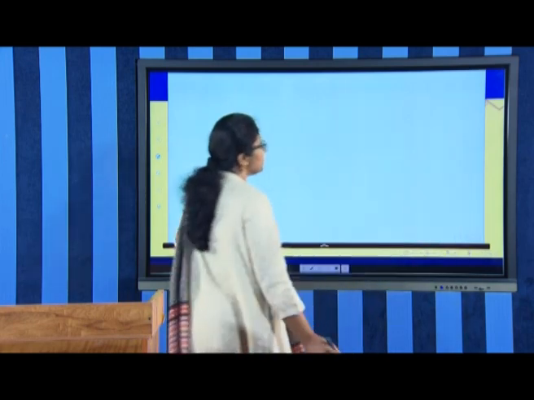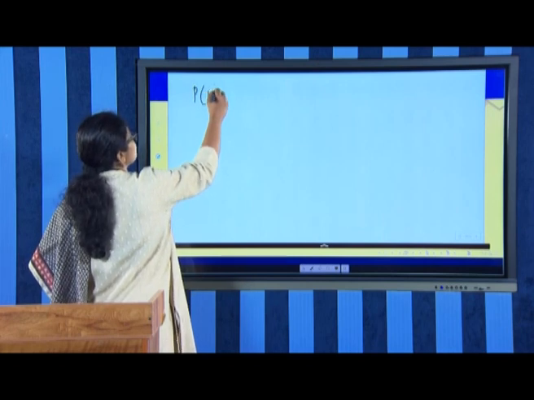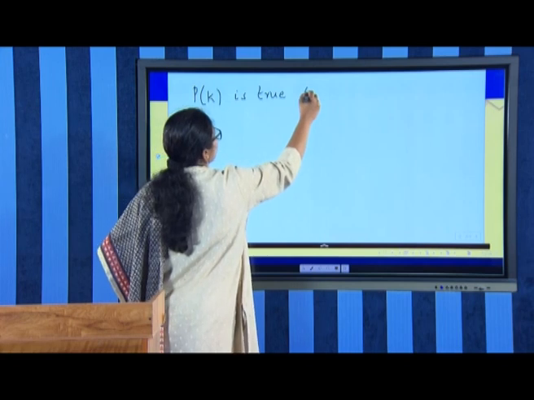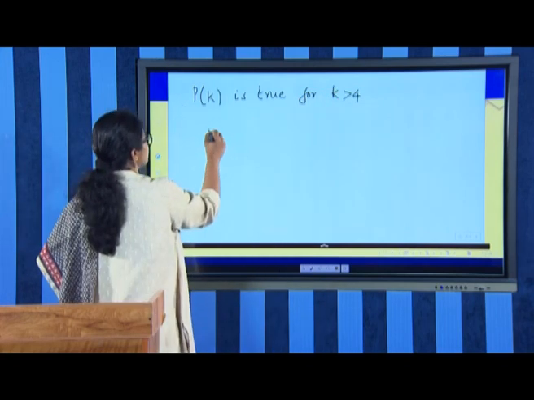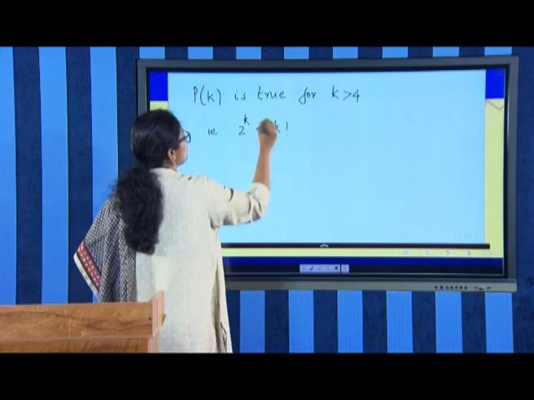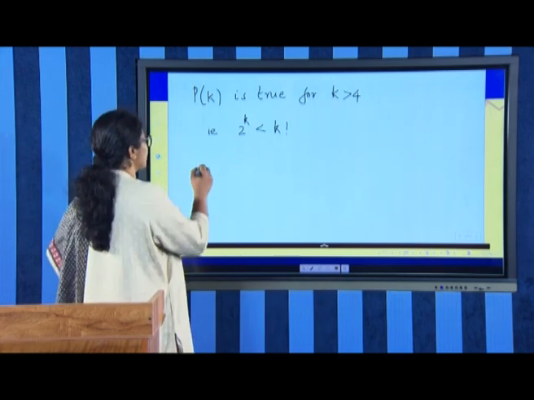Now, we consider the induction hypothesis. P of k is true for some k greater than 4. That is, 2 power k is less than k factorial. We consider this for some natural number k greater than 4.